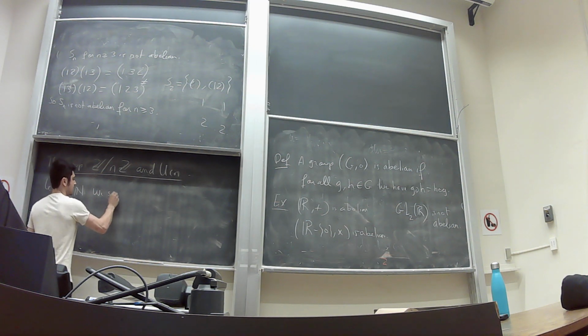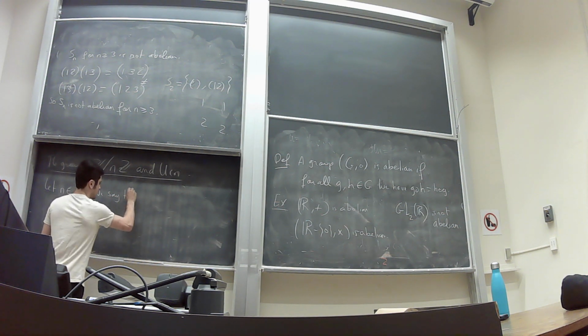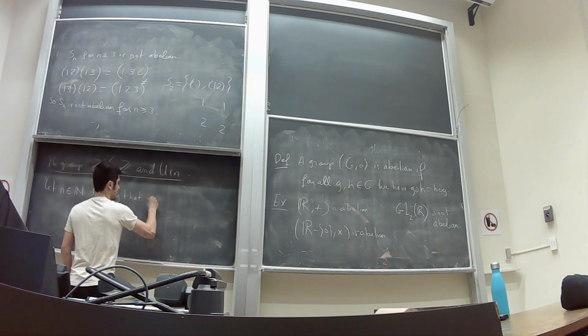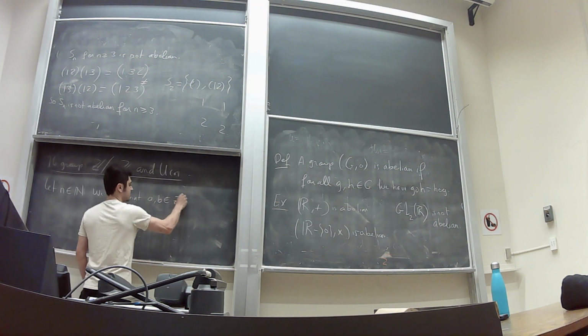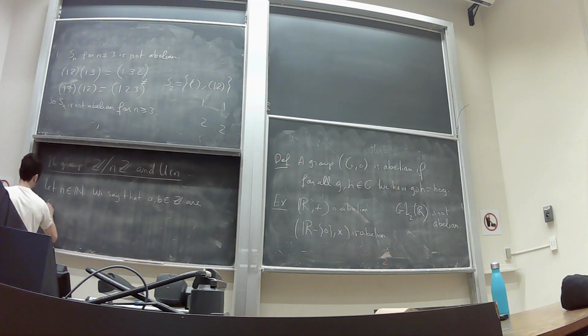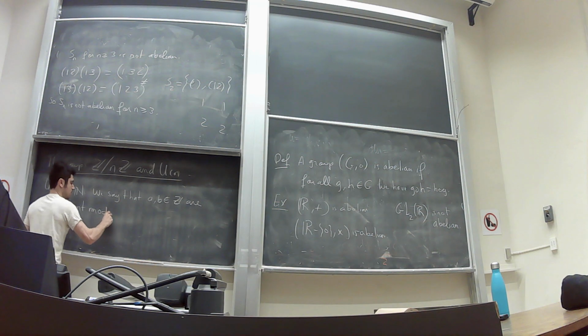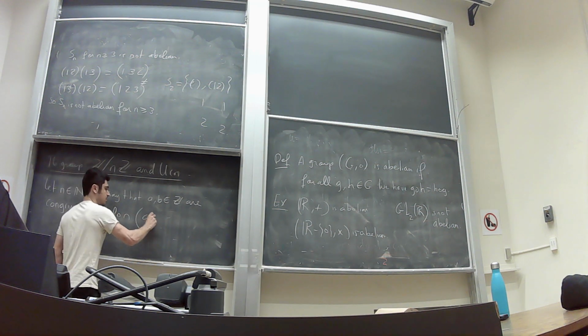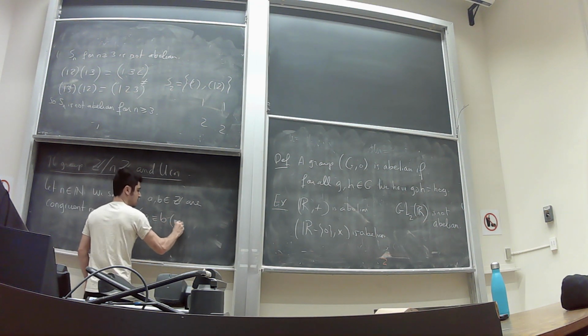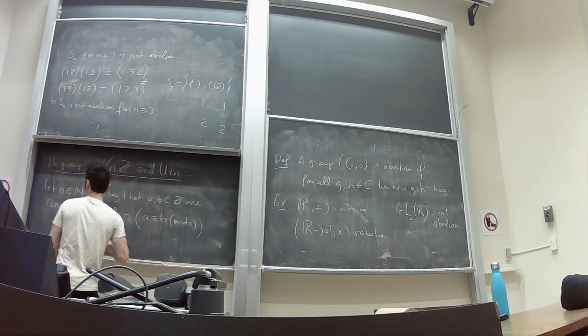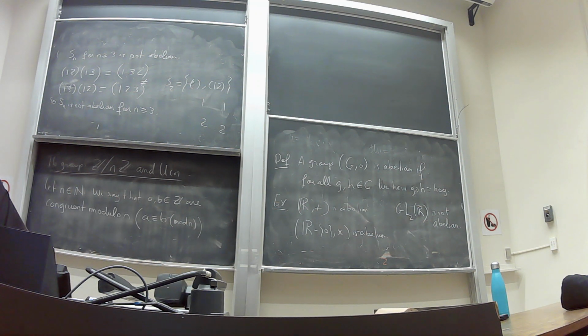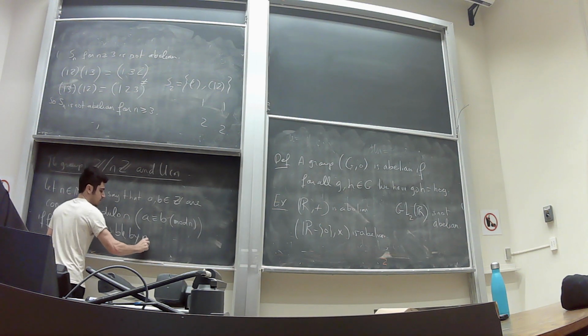Let n be a natural number. We say that a, b in Z are congruent modulo n, and we write a is congruent to b mod n, if and only if a minus b is divisible by n.